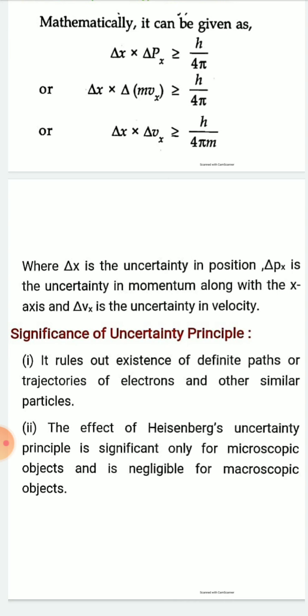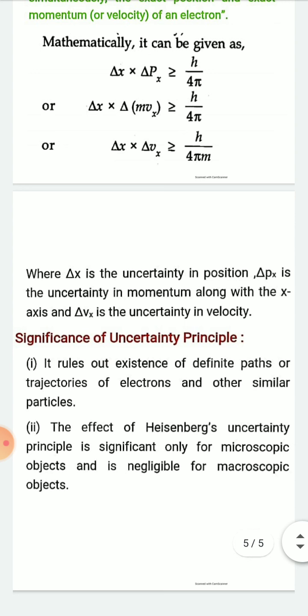And it is negligible for macroscopic objects. So the effect of Heisenberg's uncertainty principle is significant only for microscopic objects and negligible for macroscopic objects.